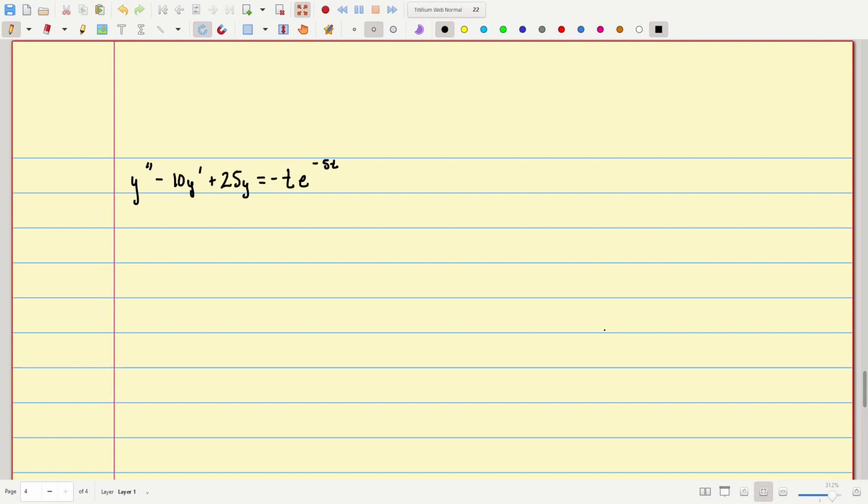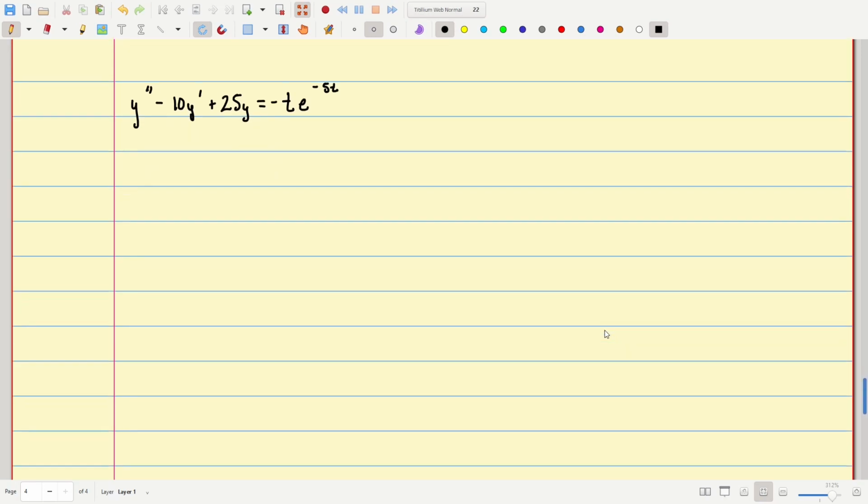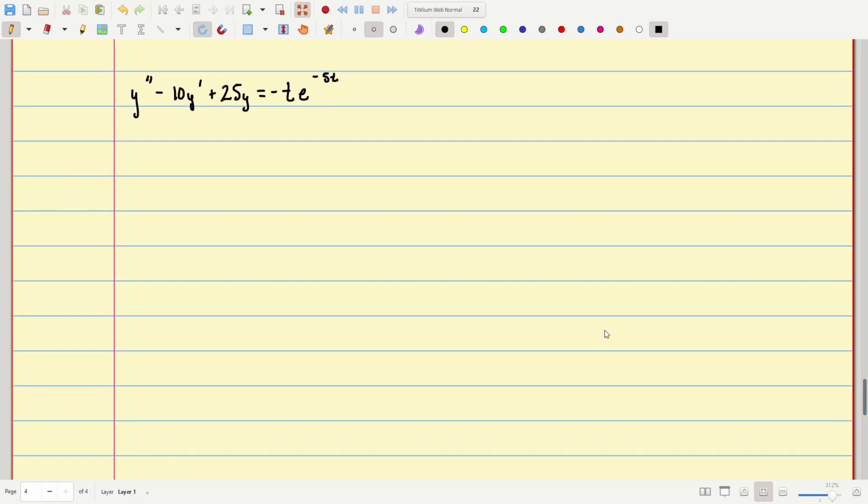All right. So we have this as our equation here. If I write down the characteristic equation, I can see that this is a perfect square trinomial.